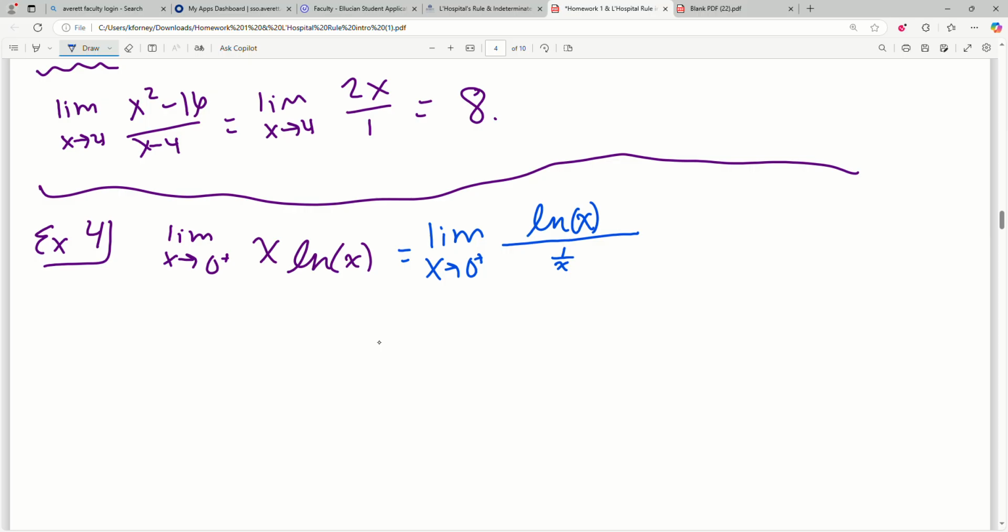Because in division, if we multiply by the reciprocal, it would just give us this.